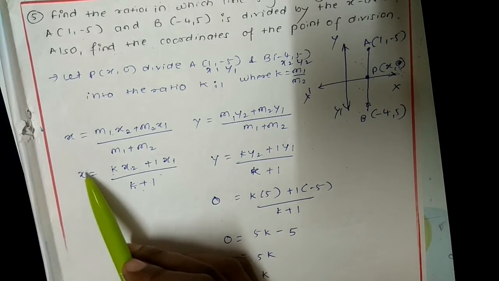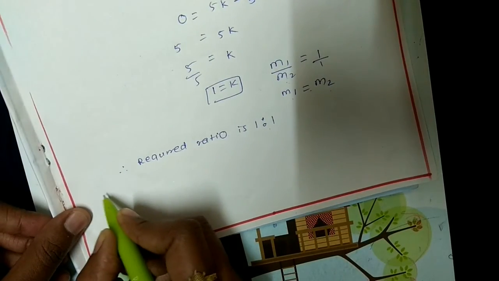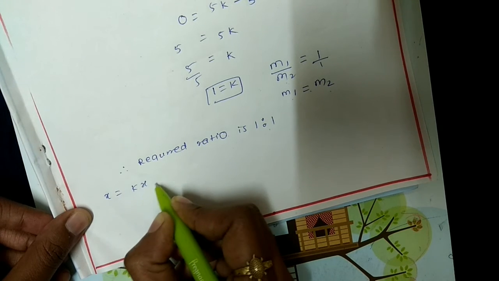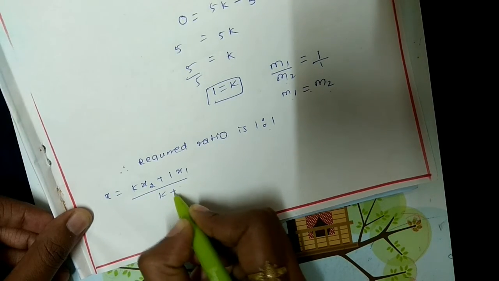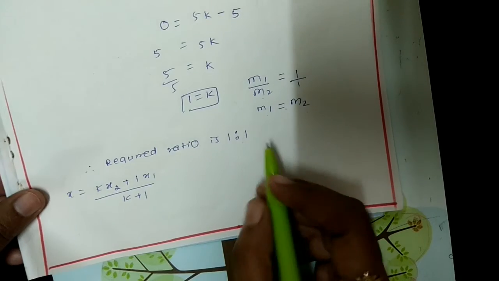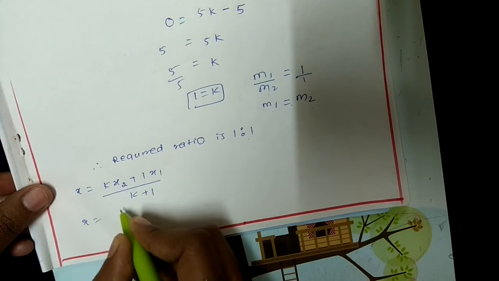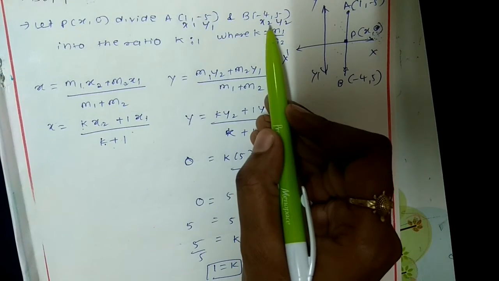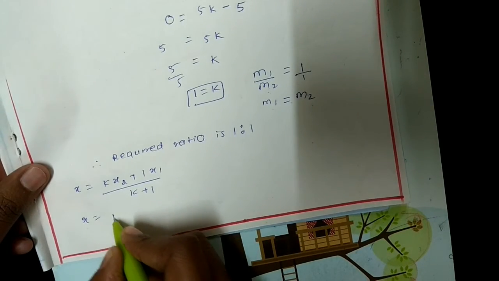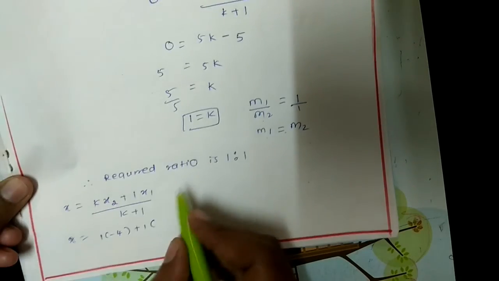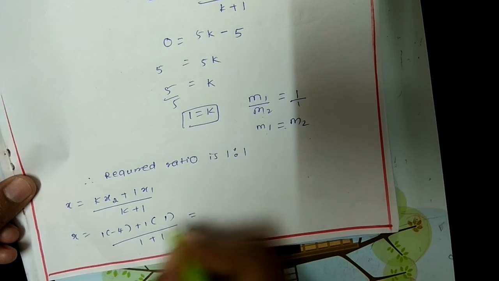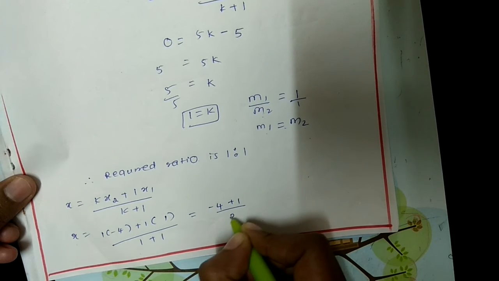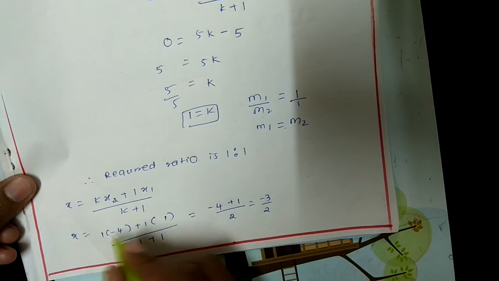Let us write the formula once again: x = (k x2 + 1 into x1) divided by (k + 1). With k equals 1, x equals 1 into x2, where x2 is -4, so 1 into -4, plus 1 into x1, where x1 is 1, divided by k + 1, that is 1 + 1. So this is (-4 + 1) divided by 2, that is -3 by 2. So x is -3 by 2.